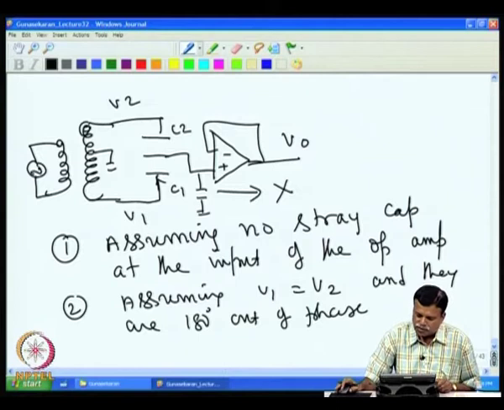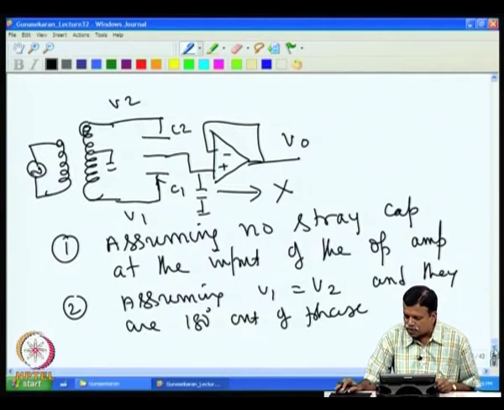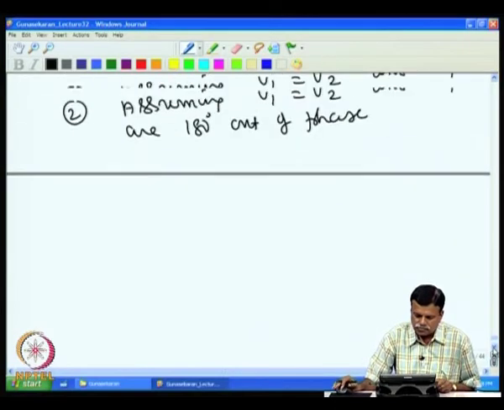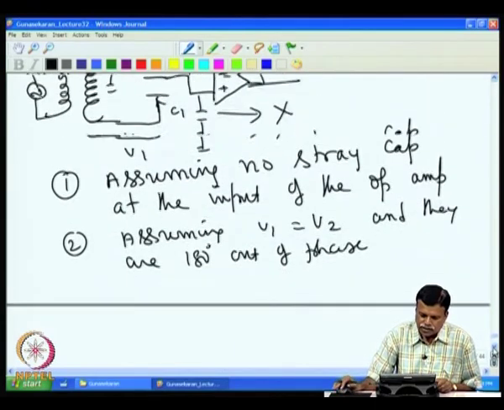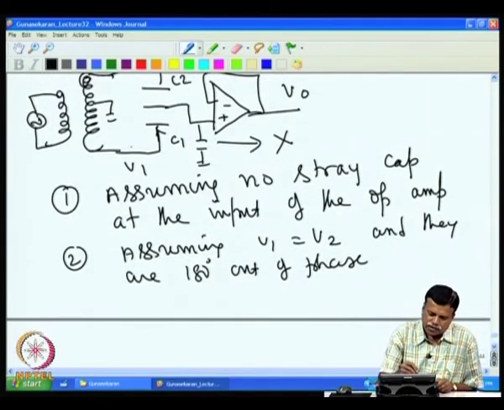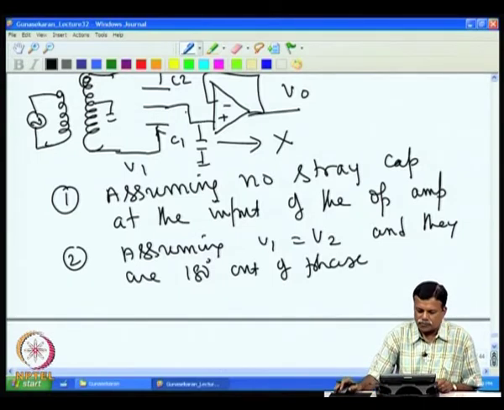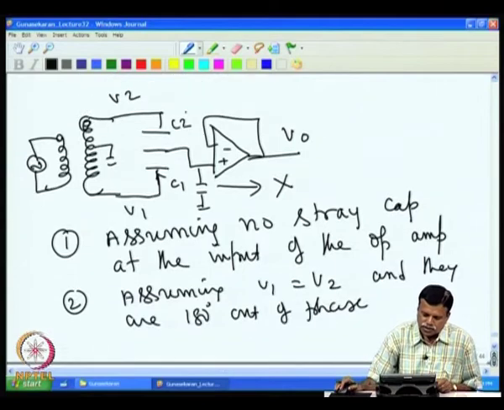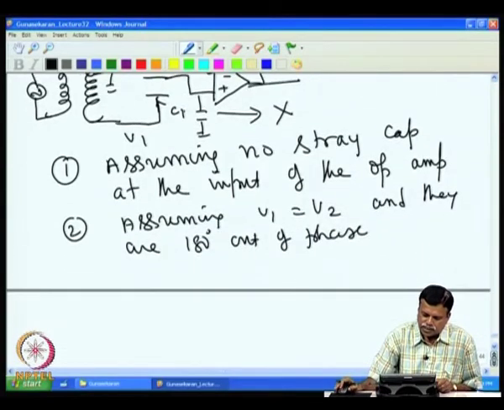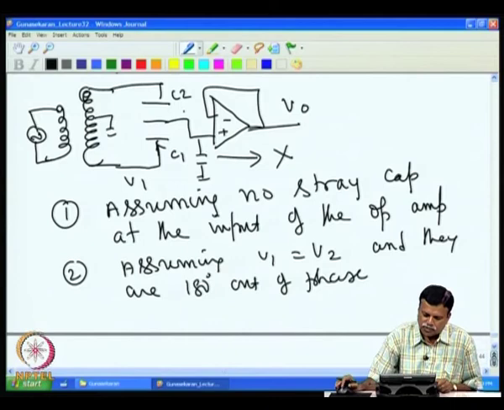If this assumption is made, then we can show that the input current that is coming from here goes here, and the input current that is coming here goes here. Now, since the output is not 0, we cannot take the currents as they are. So, we have to analyze in terms of voltage. We can write the output voltage in terms of C1 and C2.